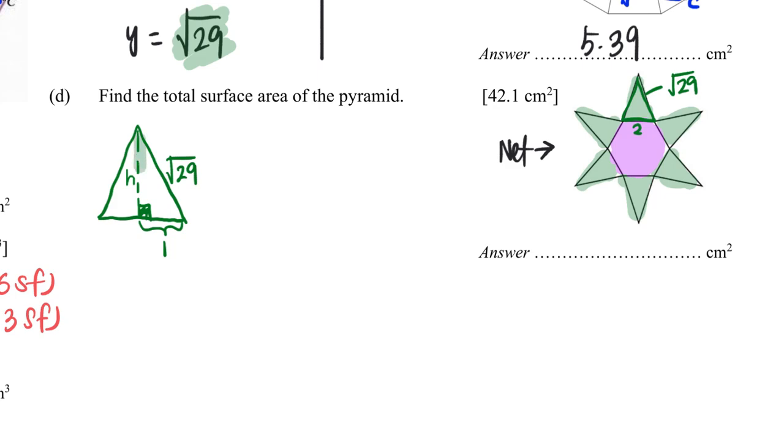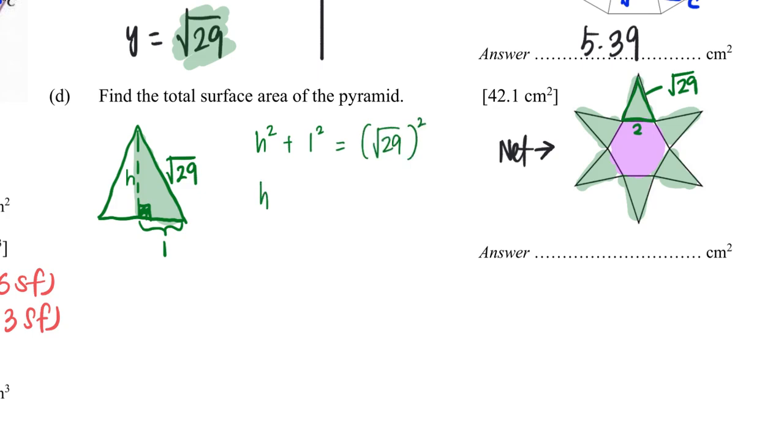Yes! Again, we are going to make use of our right angle triangle, the Pythagoras theorem. h square plus 1 square is equal to square root 29 square.